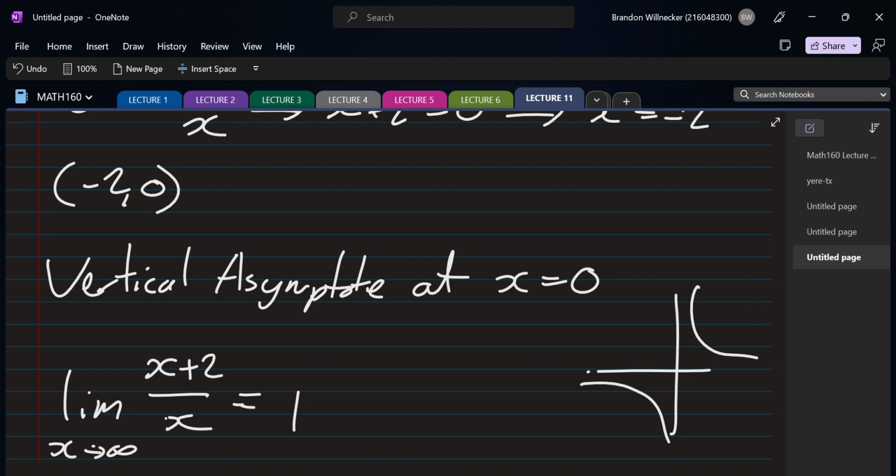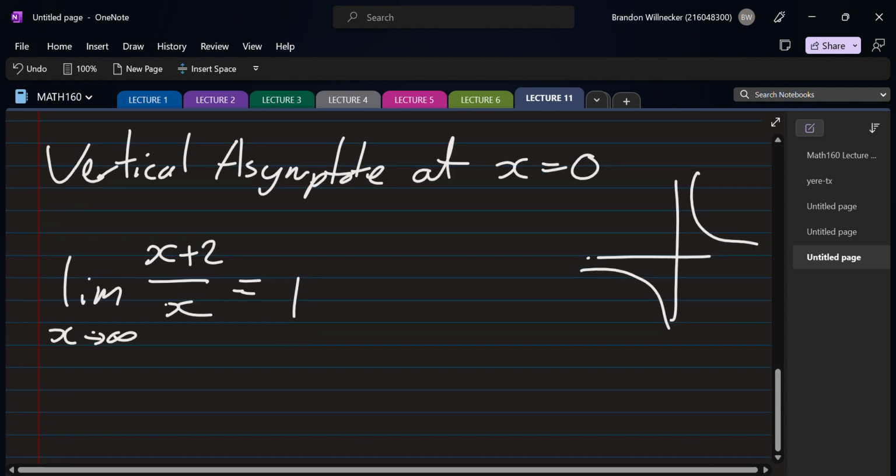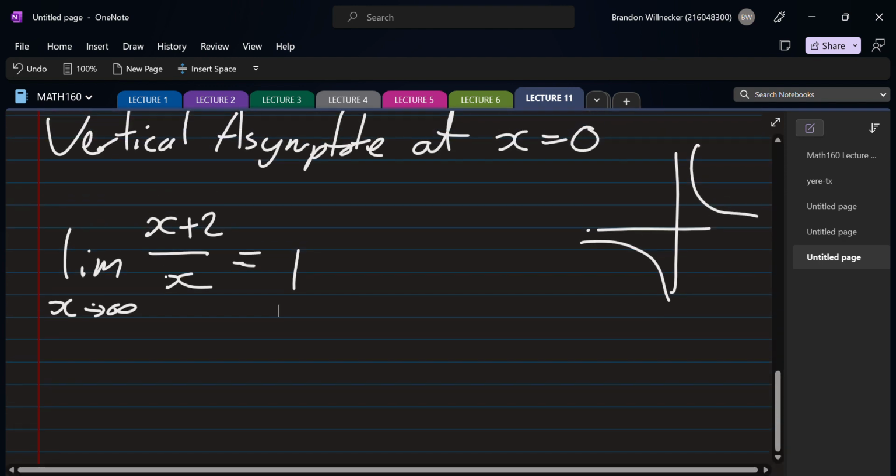Taking the derivative on the top and the bottom, that gives us 1 over 1, that's just 1. Okay, quite simple. Again, if you're struggling with L'Hopital's rule, please ask for help. You will be needing it for the section. And then if we take it to minus infinity, we get the same thing. So we have one horizontal asymptote at y equals 1.